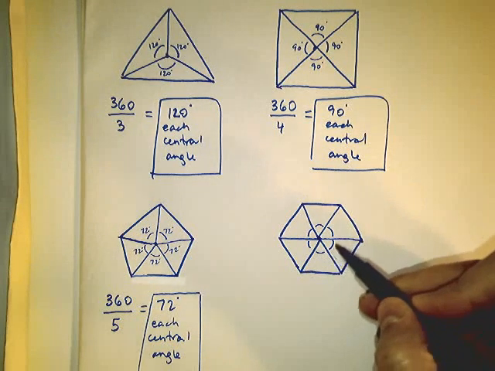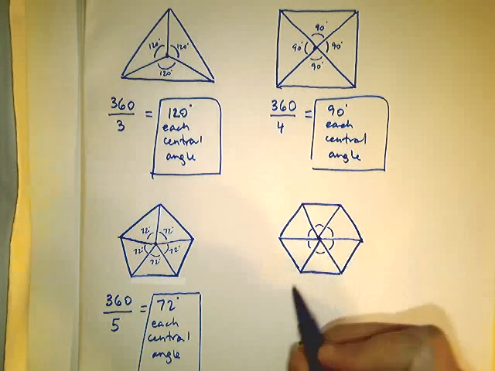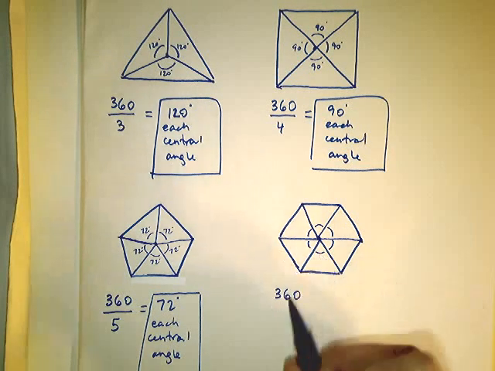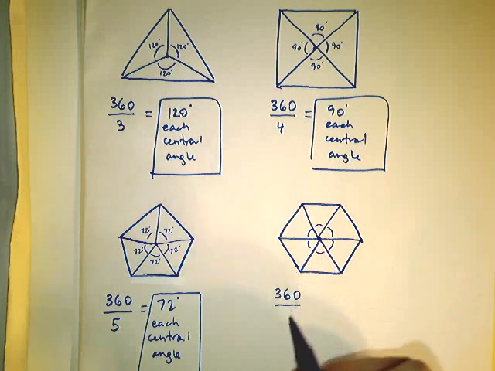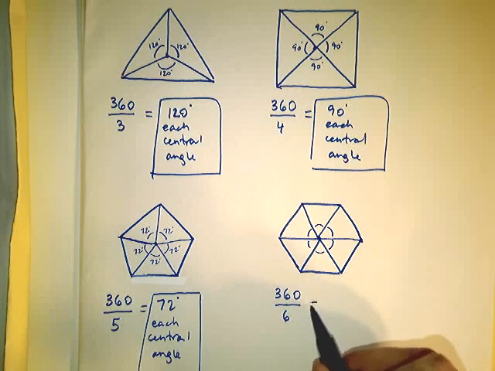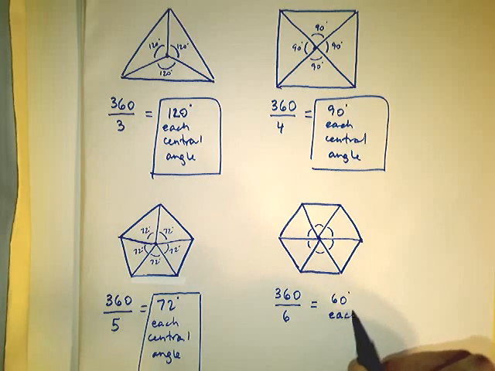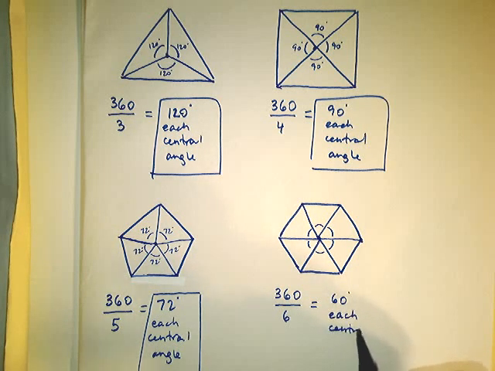And again, you can see that if you add all of them up, they'd add up to a total full circle of 360. So to figure out the measure of just one, I want 1/6 of 360, or if I take 360 and divide it by 6, I get 60 degrees for each central angle in a regular hexagon.